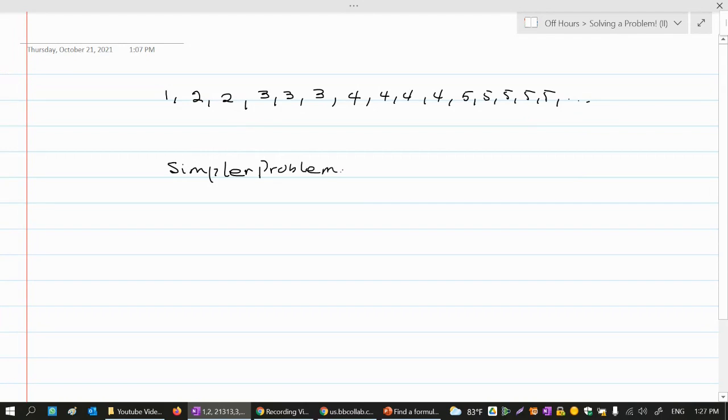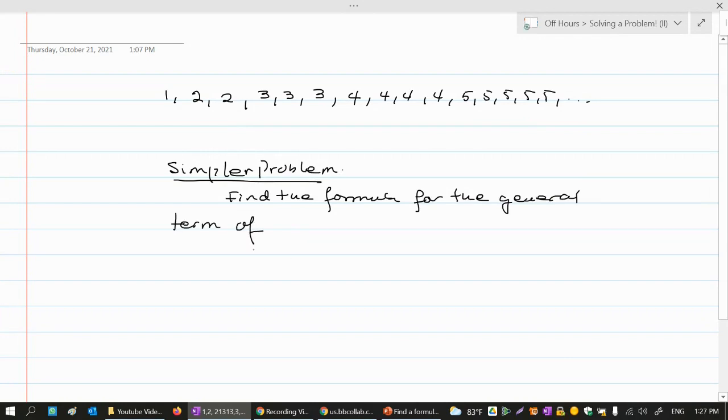A simple problem in this case can be, for example, find the formula for the general term of the sequence whose terms are 1, 1, 2, 2, 3, 3, 4, 4, and so forth. Notice that every term is repeated twice.